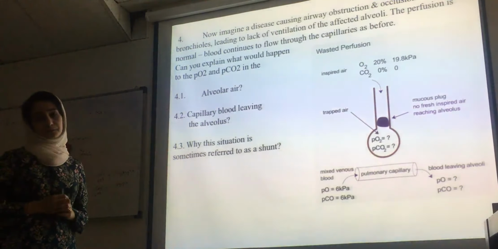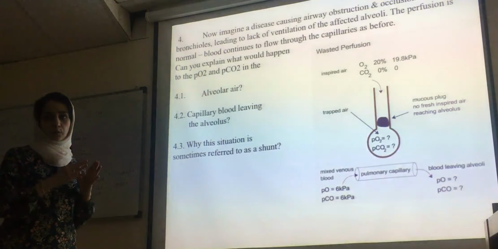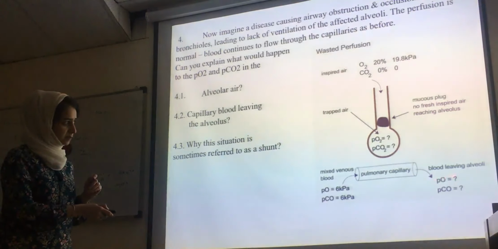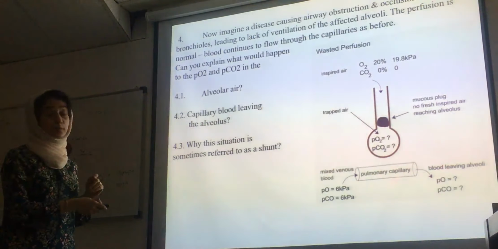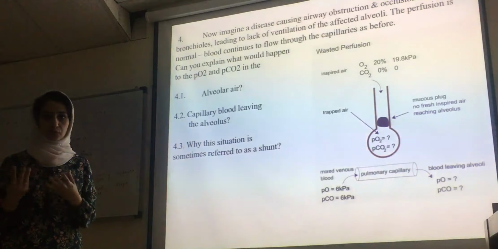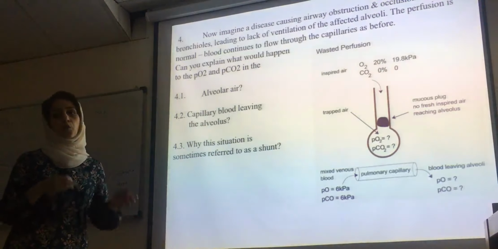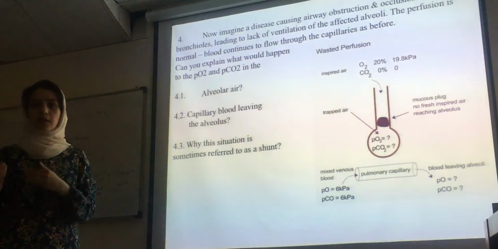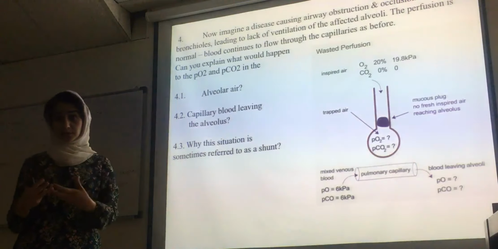Because the blood leaving this alveoli that is not ventilated, the mixed venous blood, will be mixed with blood from other alveoli that are ventilated and normal, where there's no obstruction. So the mixed venous blood will be mixed with the arterial blood, which is oxygenated blood.